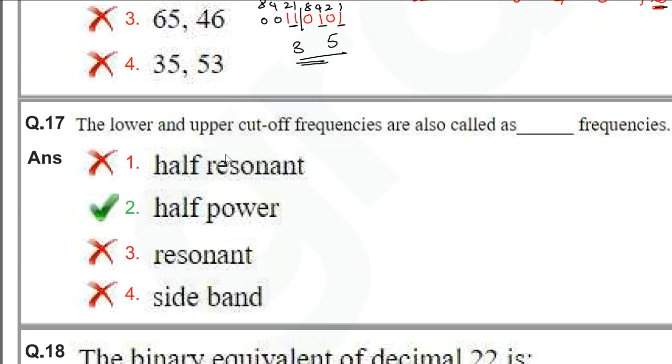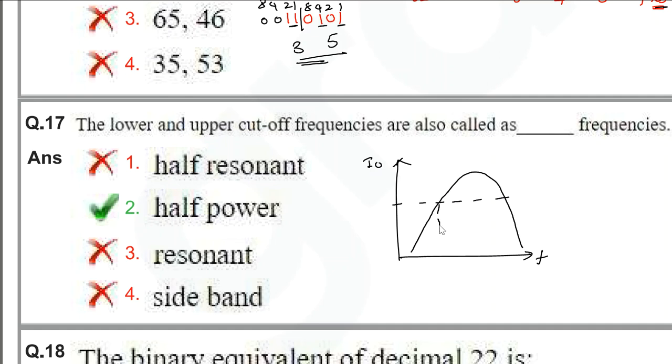Next one, the lower and upper cutoff frequencies are also defined as. If you take the diagram of frequency with respect to magnitude, for example current here, let's take these points as the half power frequencies. So f1 and f2 are the lower cutoff frequency and upper cutoff frequency, and here we have the resonant frequency. These frequencies are also known as half power frequencies. Why?